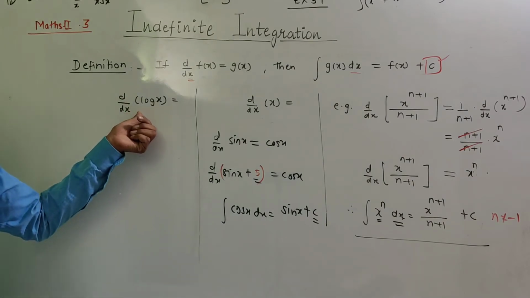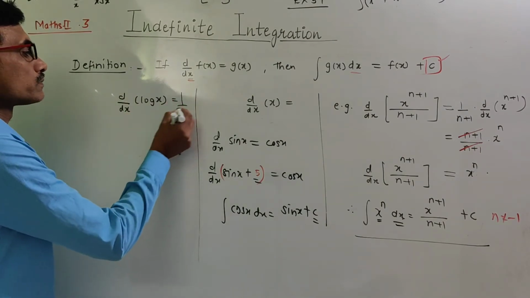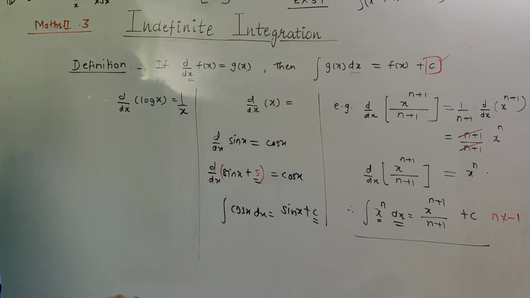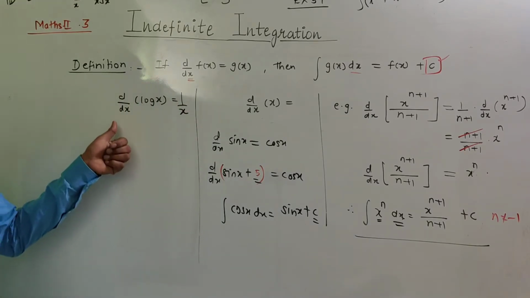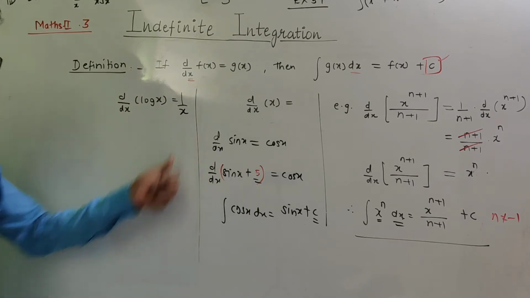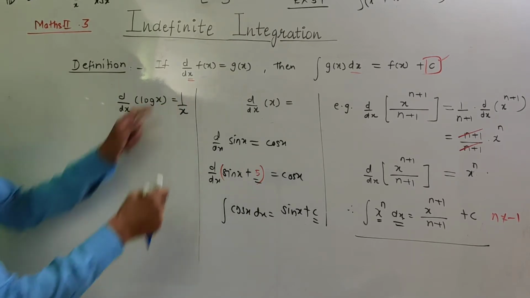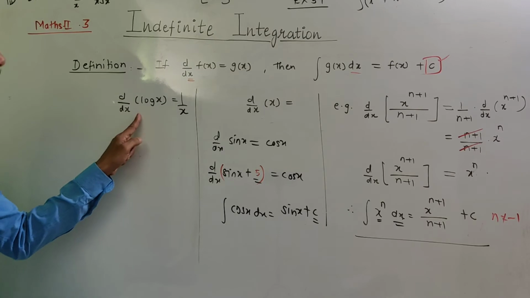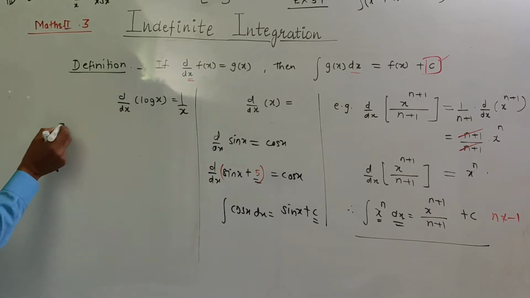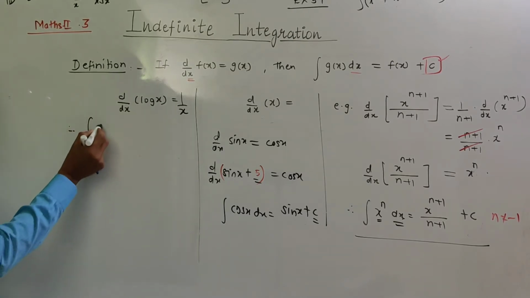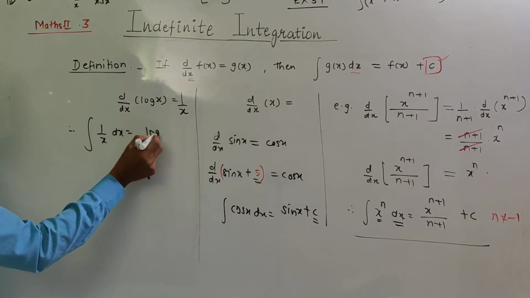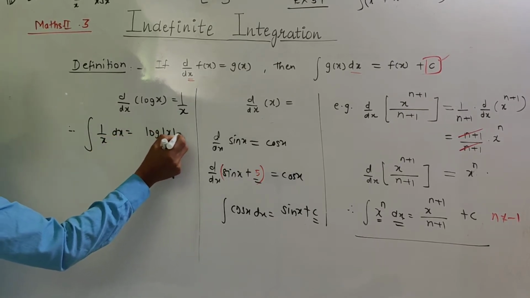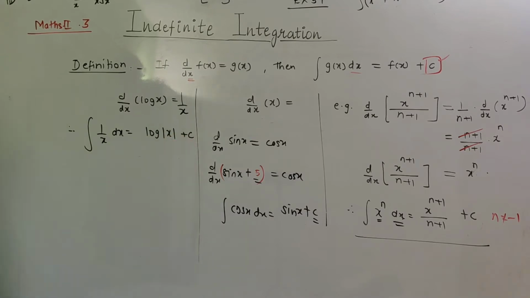The derivative of log x is equal to 1/x, and 1/x means x raised to power minus 1. As the derivative of log x is 1/x, the antiderivative of this will be log x. So by definition, the integration of 1/x dx is equal to log of x plus the constant of integration c.